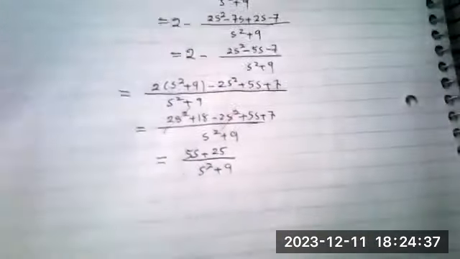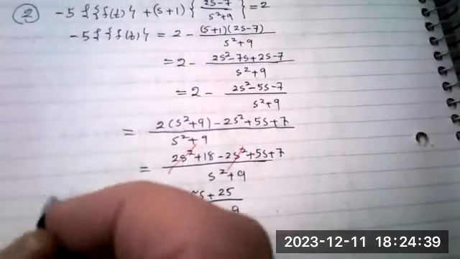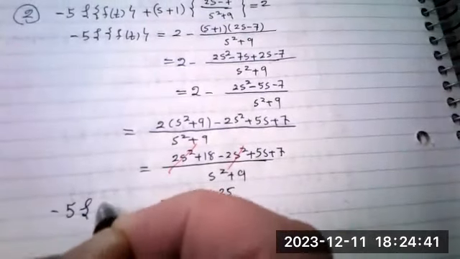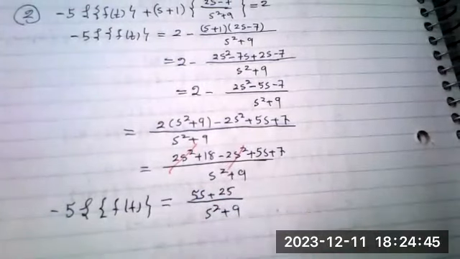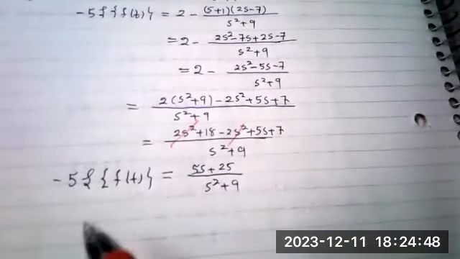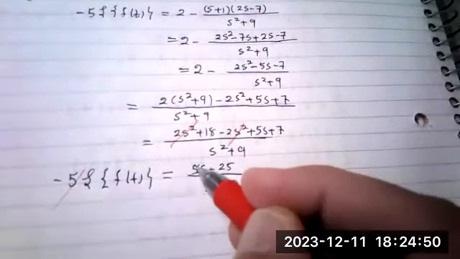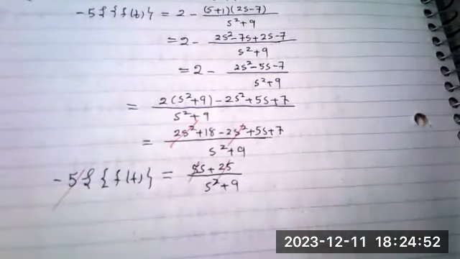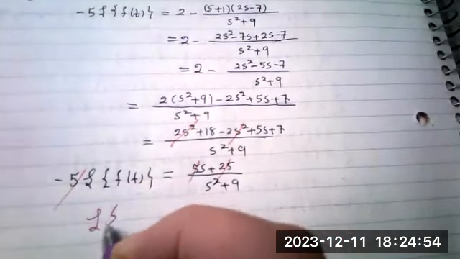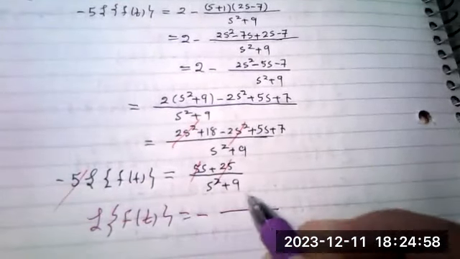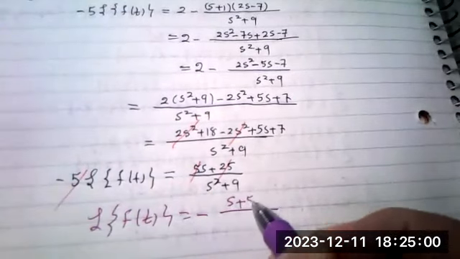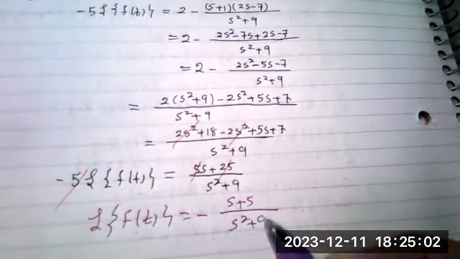Remember, this is all equal to -5 Laplace of f of t. Now we've got the 5. You can factor out the 5 on the top and the 5 cancels out everything. So the leftover is Laplace of f of t equal to the negative of s plus 5 over s squared plus 9.